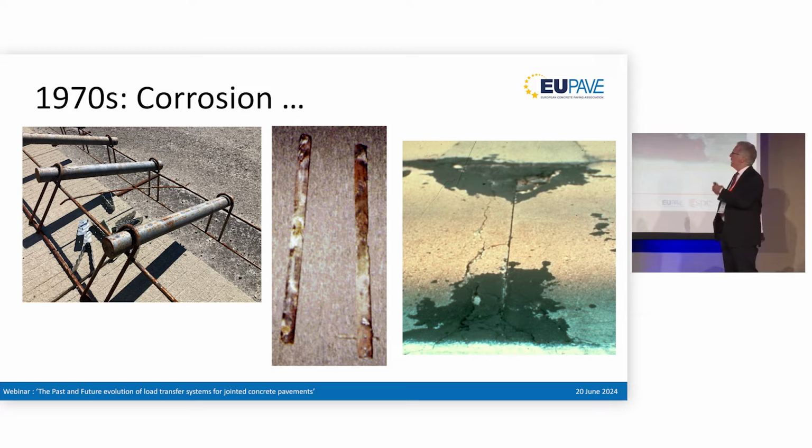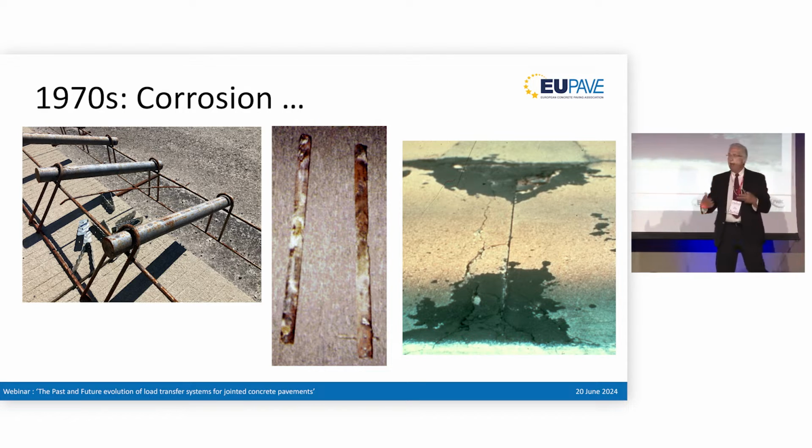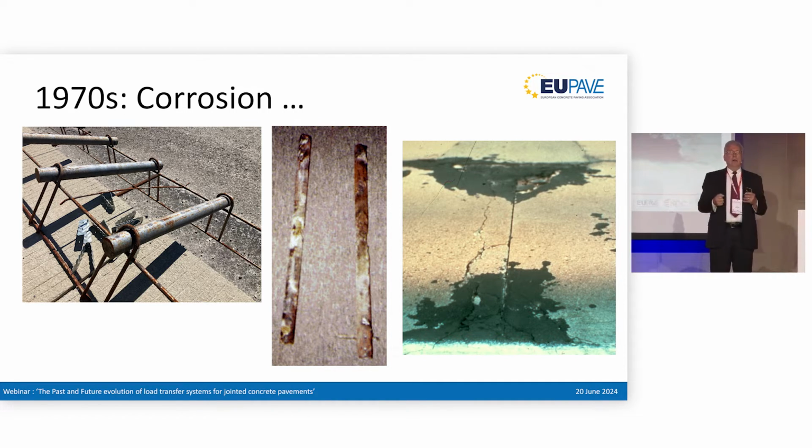And what happens then if we have the corrosion of the bars, we can have obviously a loss of the section of the bar, so we have a loss of load transfer, a loss of restraint of curling and warping, and we can also have the corrosion that then prevents the joints from opening and closing. And if that happens, we would see this type of distress that you see on the right-hand side, where the joints become locked up, and as the joint tries to open during very cold periods of time, the joint simply fails along the ends of the dowel bars.